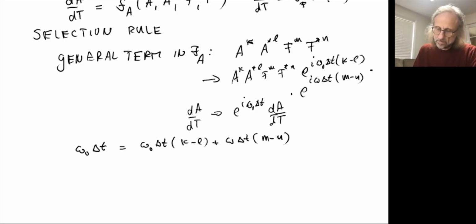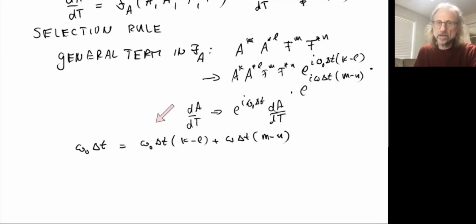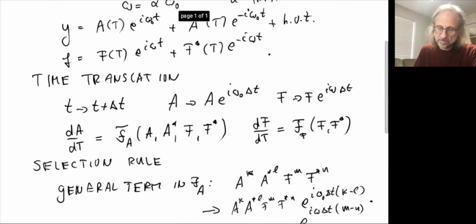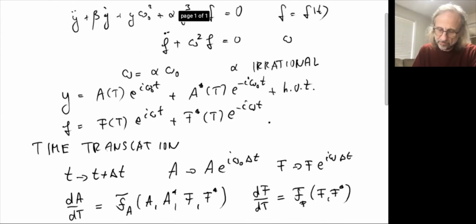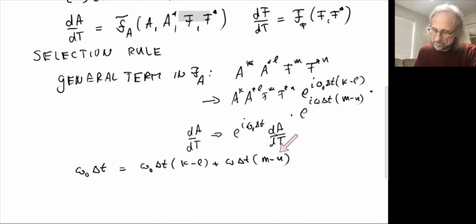So now comes the important part where we need to state something about the relationship between omega and omega naught. And as I said, right now I want to consider the case where they're irrationally related. That means that there's no integer number M minus N that would make this real number equal to this minus this.